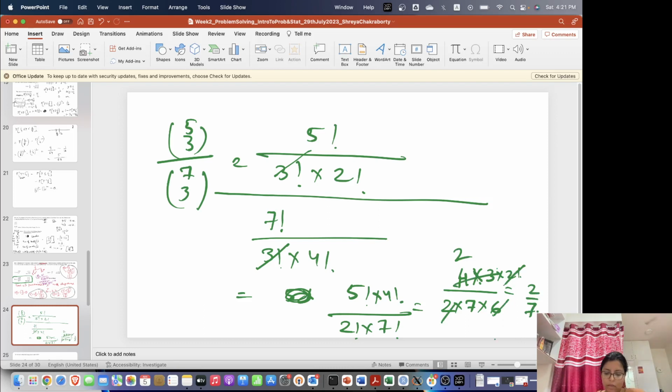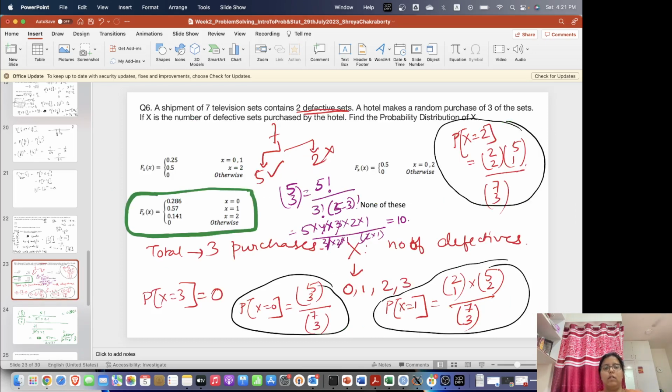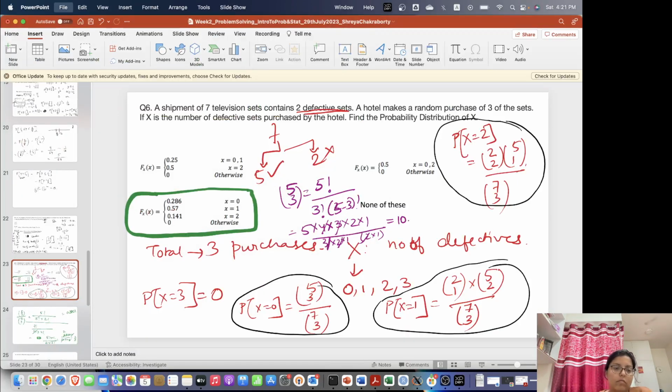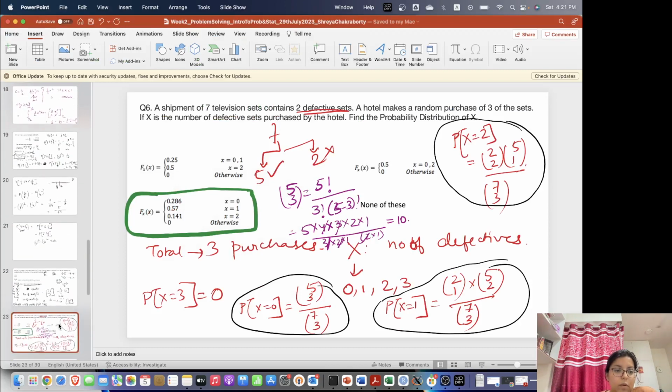This will come out to be that thing, if you can check. This will be equal to 0.2857. Okay, so that's how. Fine, I'll just move on to the next problem.